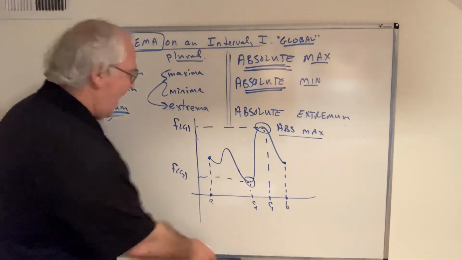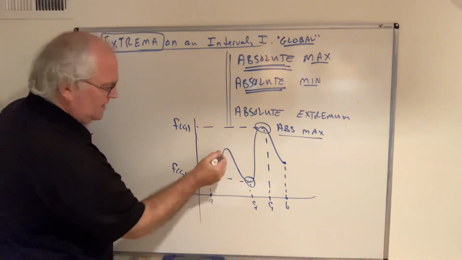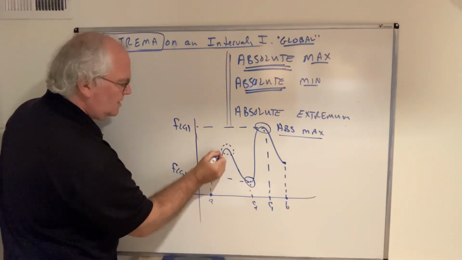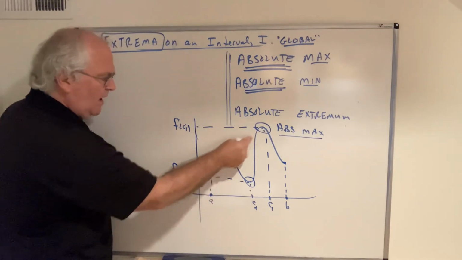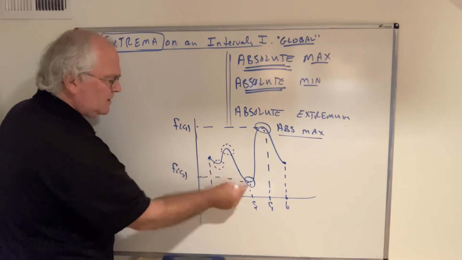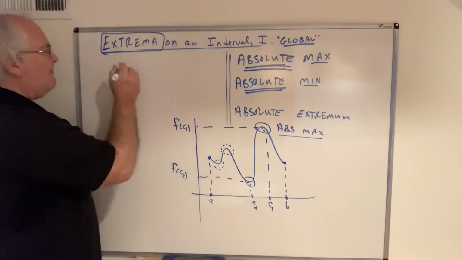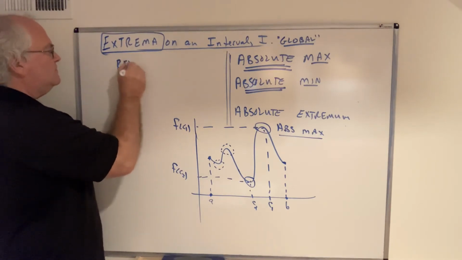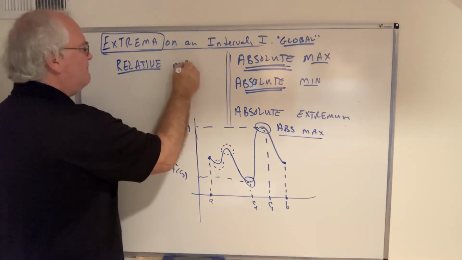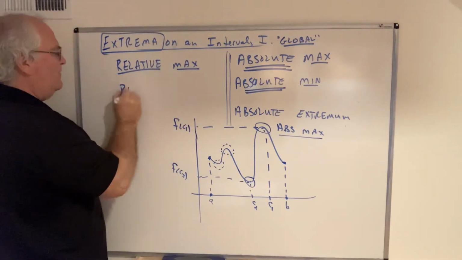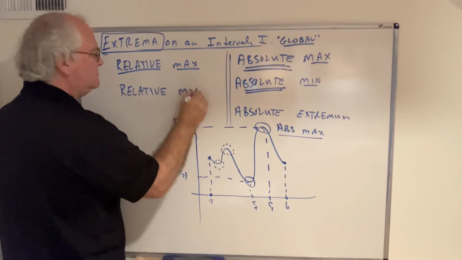But we also have another type because something's going on here and something's going on here. It's related to what's going on here, but it's not quite the same. This is related to what's going on down here, but it's not quite the same. And there goes the buzzer again. We have the relative max and the relative minimum.